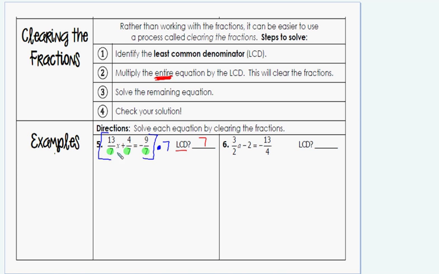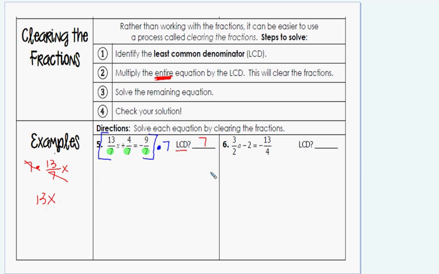So if I were to just take a look at the first section off to the side, just so we understand exactly what it is that's happening, I'm taking the 7 that I have here and I'm multiplying it to 13 over 7x. The whole purpose of us doing this was, again, to cancel the bottom. 7 cancels with 7. And it just leaves me with everything else that's left over, 13x.